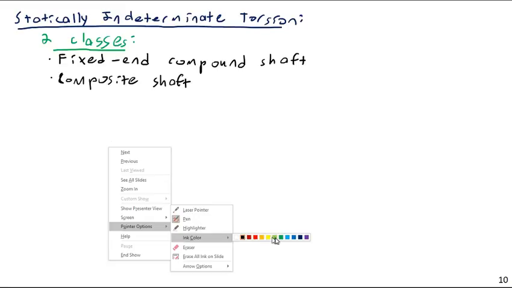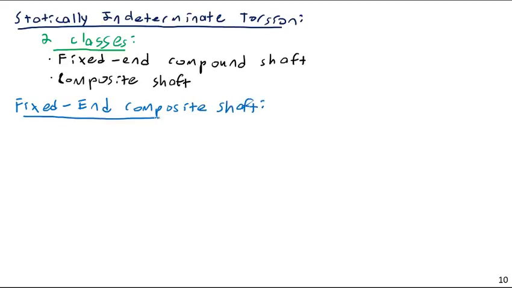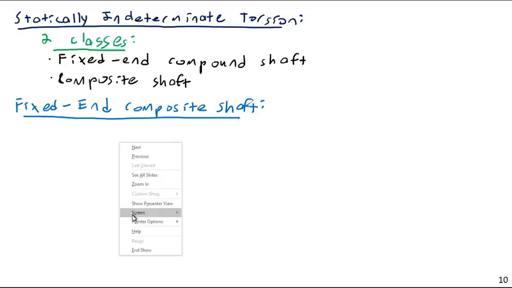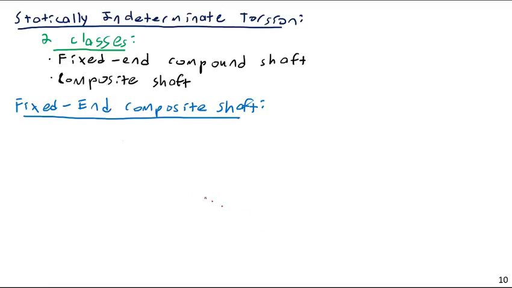The key for this one, a fixed end composite shaft, is to realize that because both ends of it are fixed, the overall angle of twist is 0.